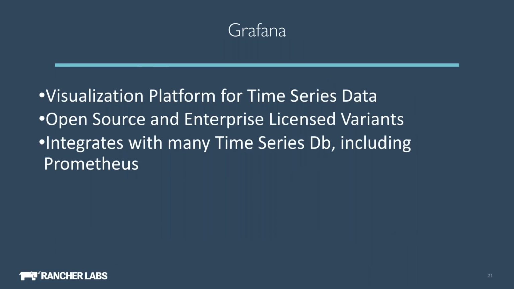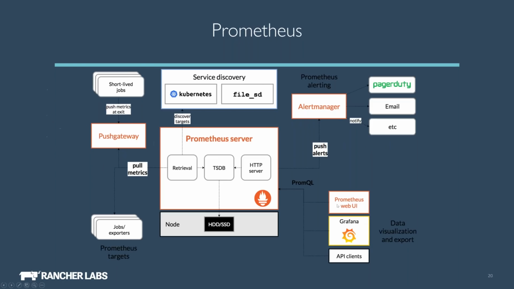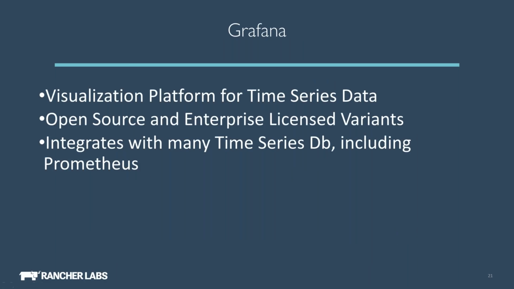And then Grafana. We saw Grafana over here in this little box on the right. This is your visualization platform for time series data. It has open source and enterprise variants. It's Apache 2 on the open source side, just like Rancher. I also believe Prometheus is Apache 2. It integrates with many time series databases, where the important one for our conversation today is Prometheus, but it'll also talk to Elasticsearch and InfluxDB and all kinds of other things, to make really cool dashboards.